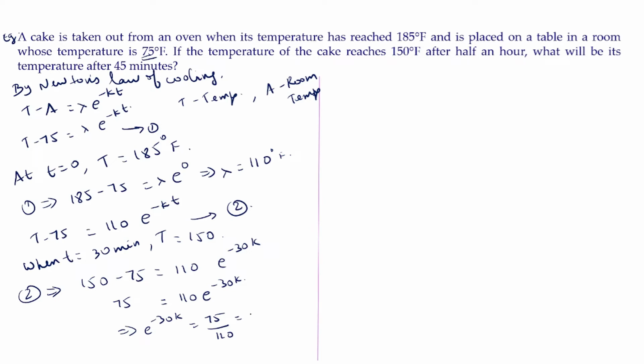Now, when we divide we get 0.6818. Now, we need to find the temperature after 45 minutes.